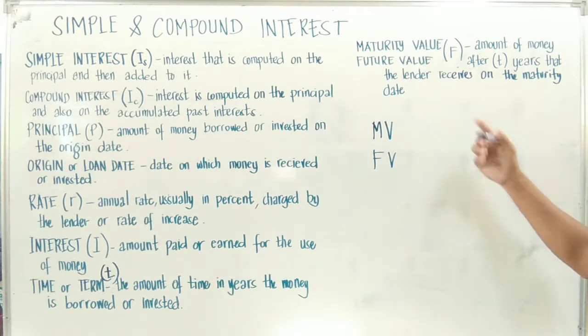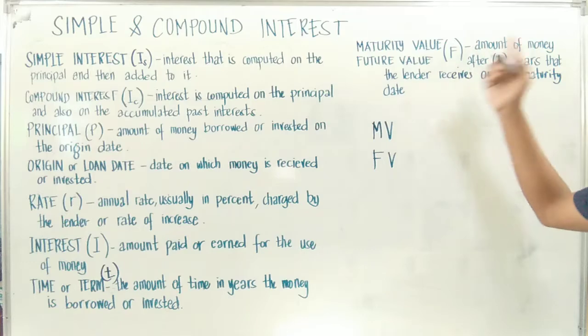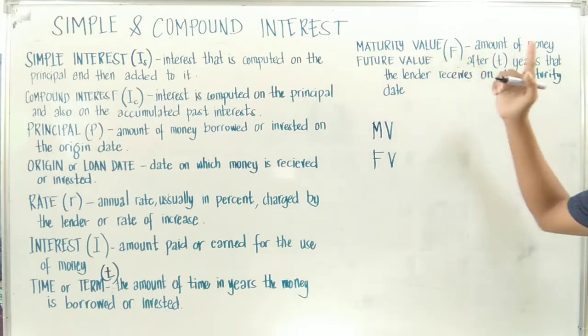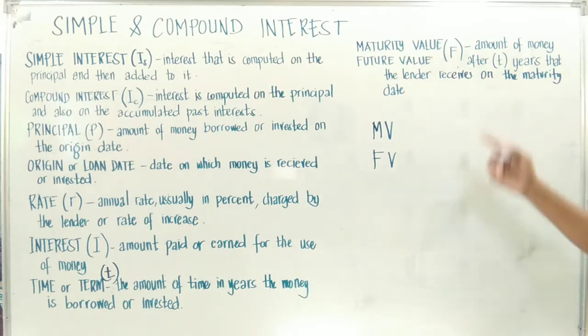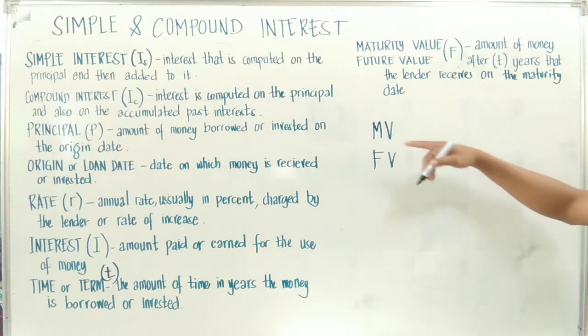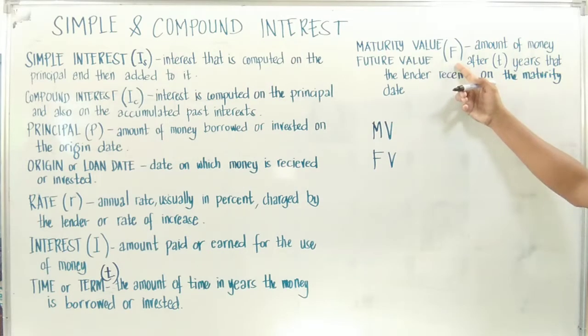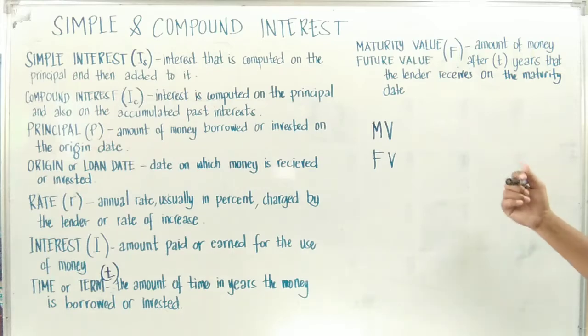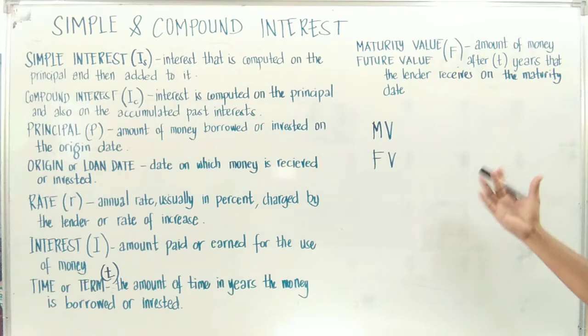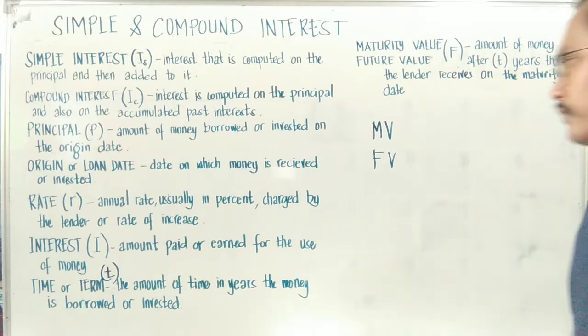But in my case, I will denote maturity value or future value using the letter F, capital F. Again, maturity value or future value, denoted by capital F, is the amount of money after t years that the lender receives on the maturity date, or it can be the total amount of money, or the sum of the principal and the interest.